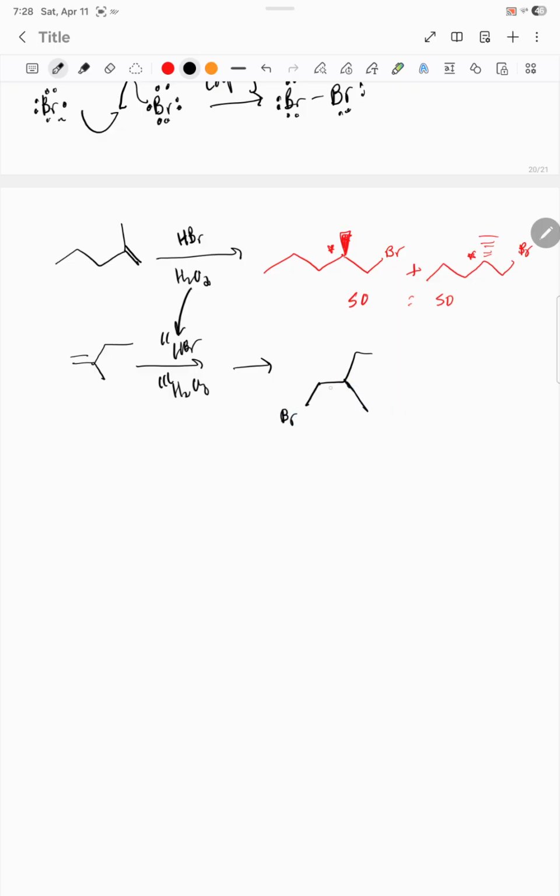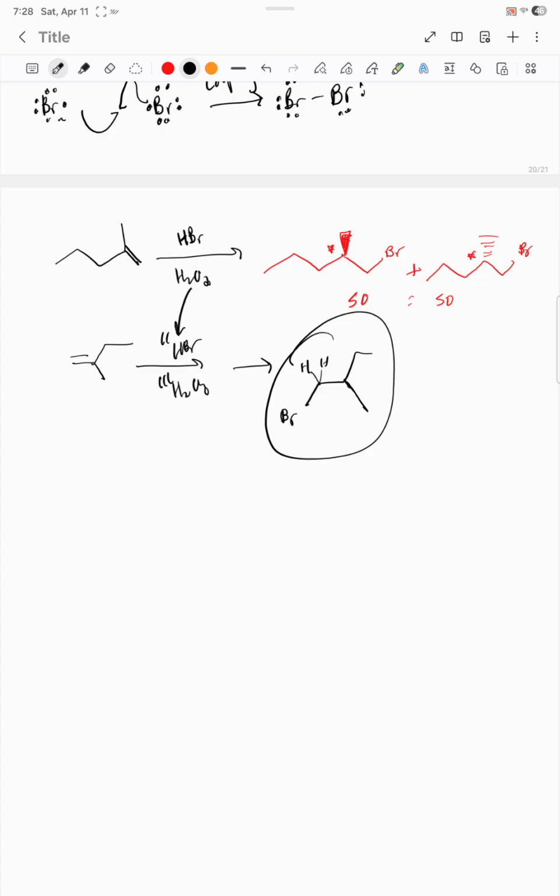This is not racemic, so this will be our only product because these are two hydrogens. They're the same thing. That was part C. Am I correct?